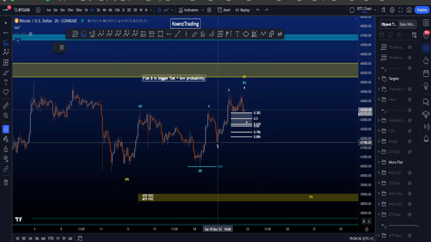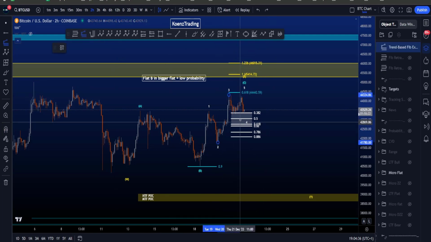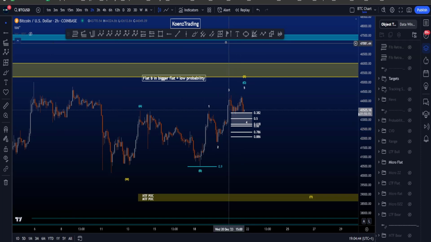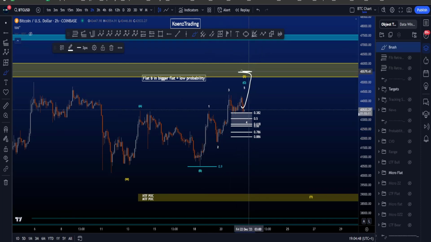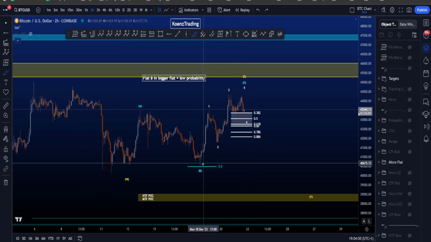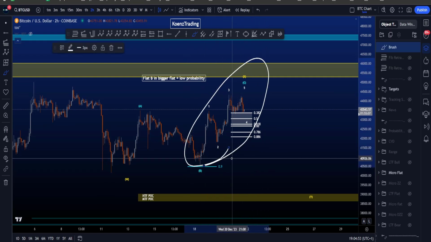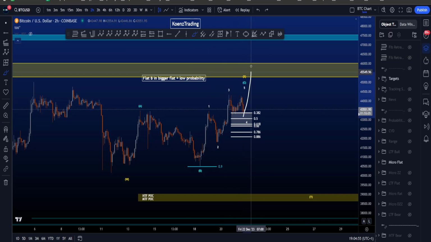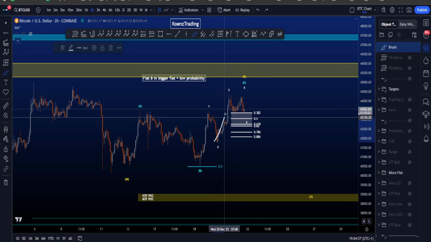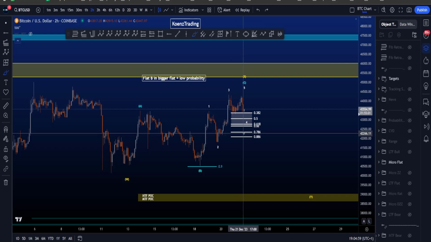Now the invalidation for this scenario is currently, at least, if price would go above the 1-to-1, which is sitting over here at 45.8k. So if price would move towards the upside now, we don't want to see 45.8k hit. If it is hit, then we are going to think about other structures instead of a diagonal, because wave 5 in a contracting diagonal is not allowed to be longer than wave 3.